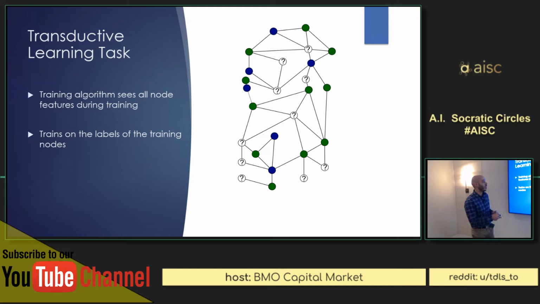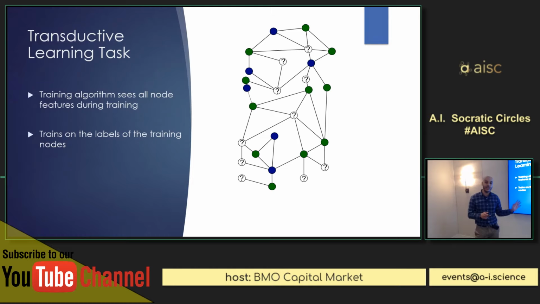So you see here, for example, there are blue nodes, green nodes, and there are nodes which have a question mark on them, which the learning algorithm has to learn how to predict. And I need to stress here that the learning algorithm sees all the features in the graph. That's the transductive learning task.